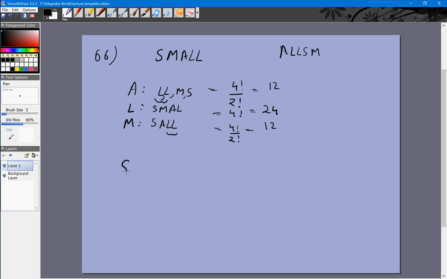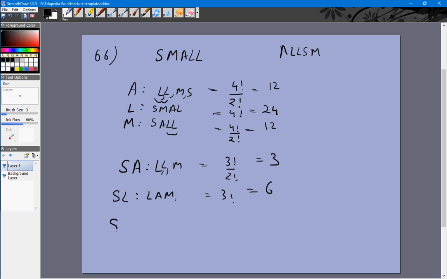Now you have words beginning with S. Now the first word beginning with S will have the next letter as A, and there are 3 letters left, which would be L, L and M. So the number of ways to do that would be 3 factorial by 2 factorial, which is 3. And then you have words beginning with SL, in which case you have L, A and M left, which is 3 factorial because all 3 are different, which is 6.